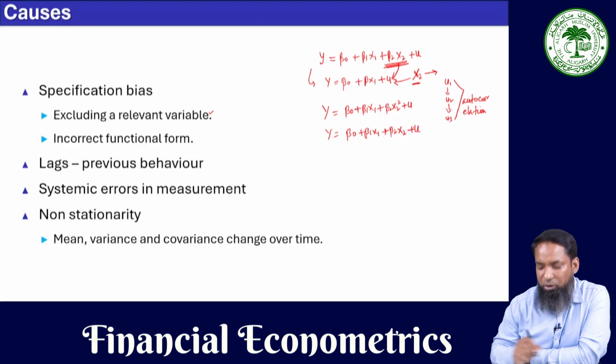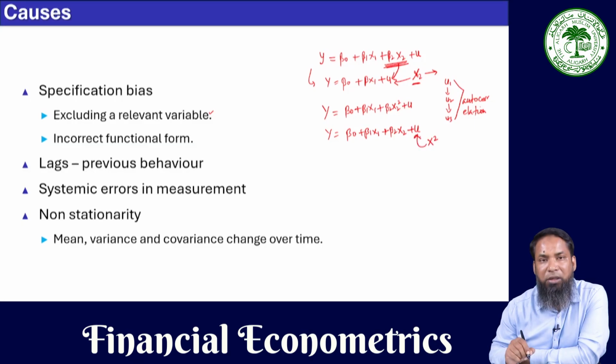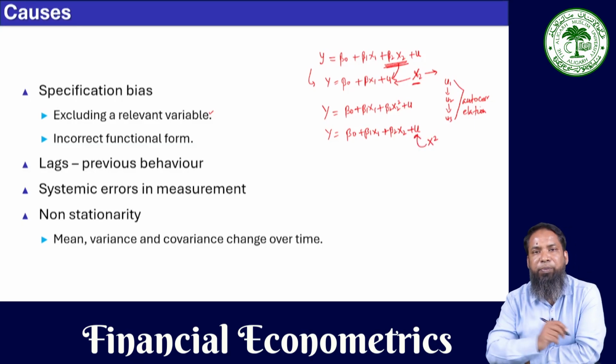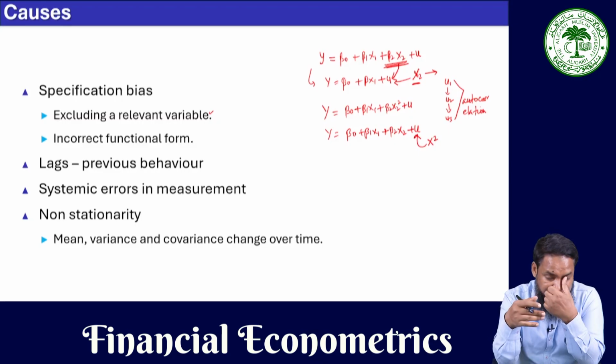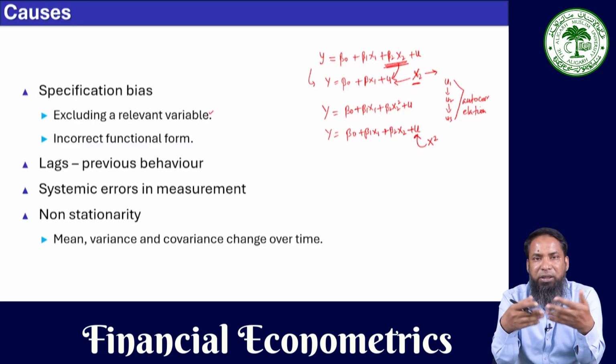In such cases, the effect of x2 square again could be captured by the error term, and that error term may have this pattern. So with specification bias, when we omit a significant variable, we may have autocorrelation, and similarly if we wrongly specify the regression equation, there also we may have autocorrelation.